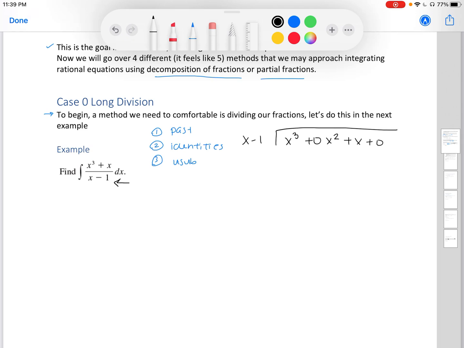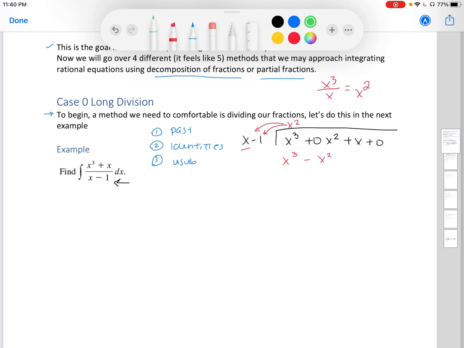Okay, so you begin by dividing your first initial numbers, our x and our x cubed. I always like to show my thought process on the side. X cubed divided by x gives us x squared. So we have x squared. Then you multiply to your outside so that we have x squared times x is x cubed. X squared times negative 1 is negative x squared.